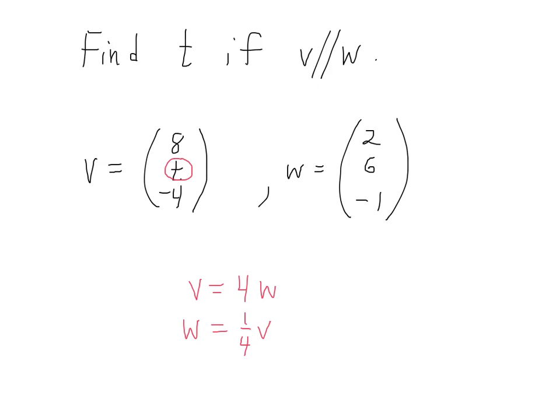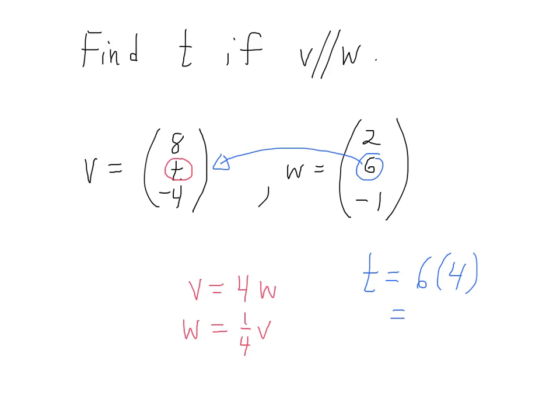If you divide those numbers by 4, you will get the numbers of w. So working backwards here, notice how this is a 6. To find t, you would simply have to do that 6 times 4.